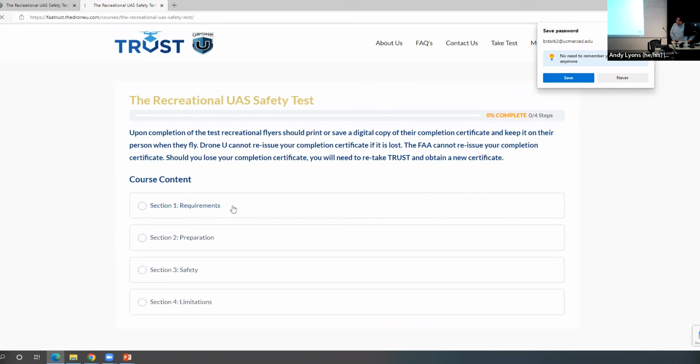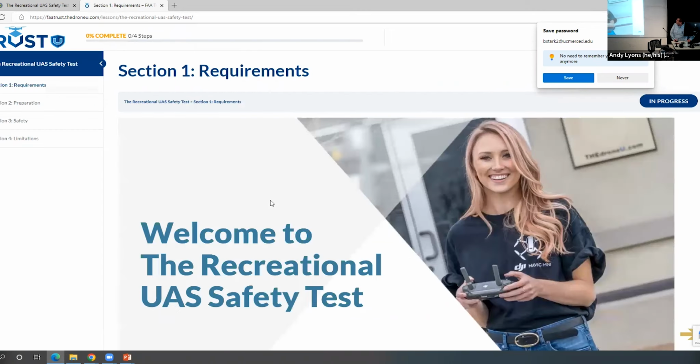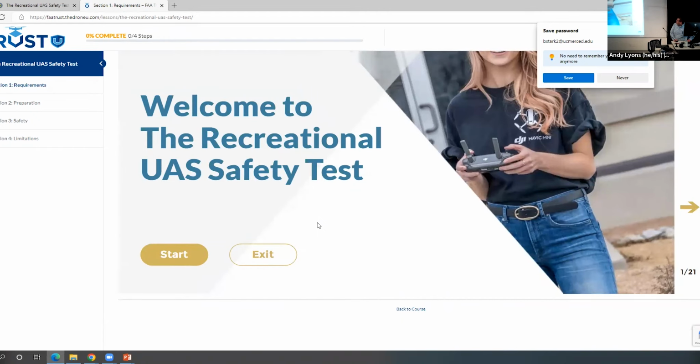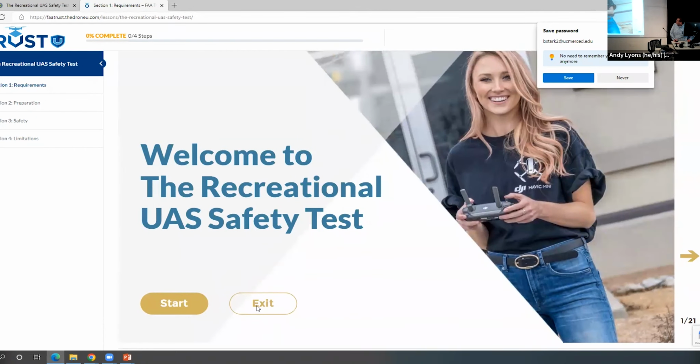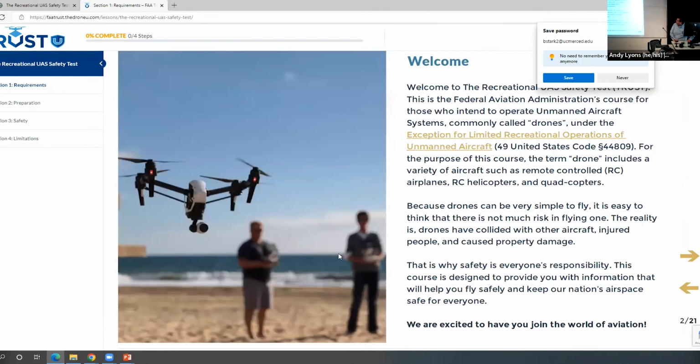Let's go ahead and start off with the requirements. See how fancy they make this? You'll read through some of these slides here. And I think this statement right here: because drones can be very simple to fly, it is easy to think that there is not much risk in flying one.